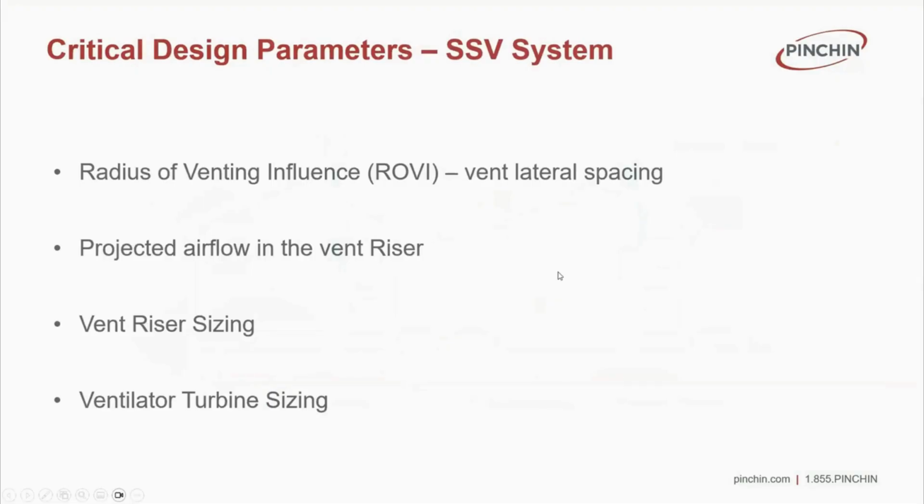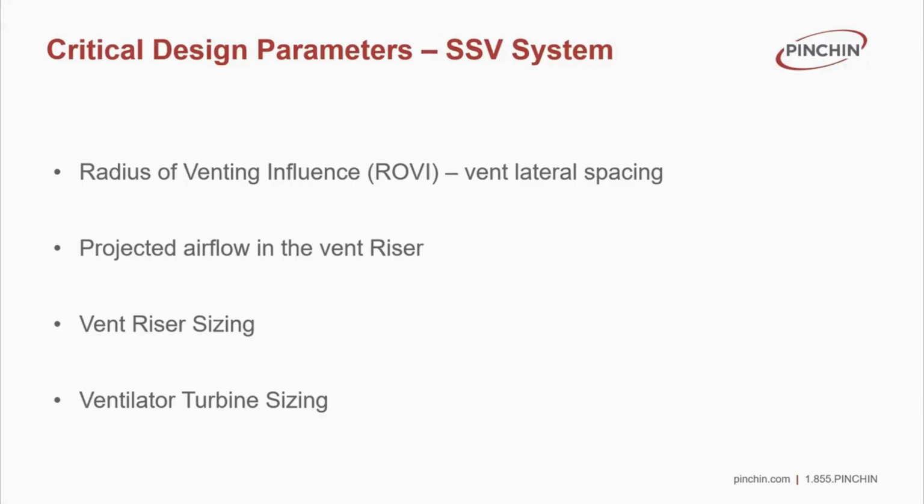Critical design parameters for a sub-slab ventilation system consist of the radius of venting influence, that is, how far apart we need to place the vent laterals for effective venting of the entire space between the two vent laterals; the projected airflow in the vent riser, how much vented air we expect to go through the vent riser; vent riser sizing, how big the vent riser needs to be; and ventilator turbine sizing.